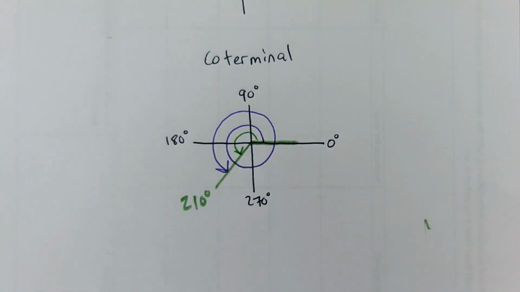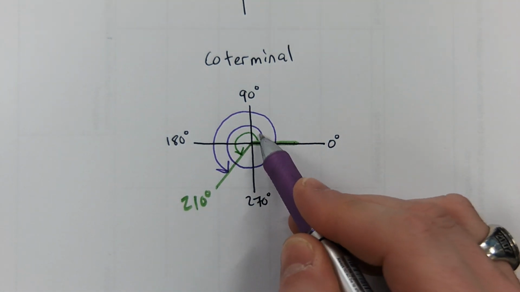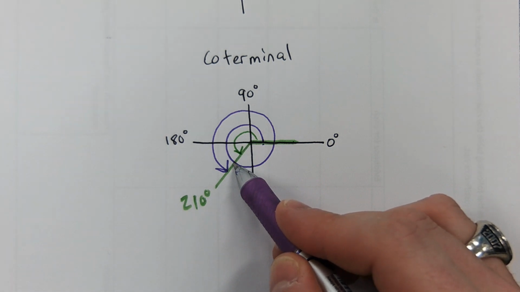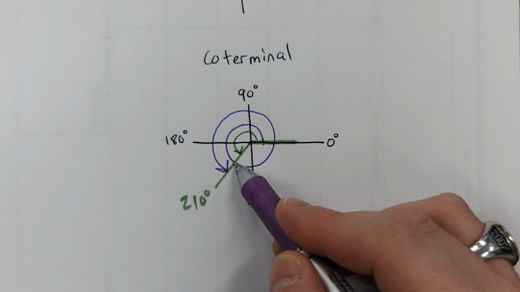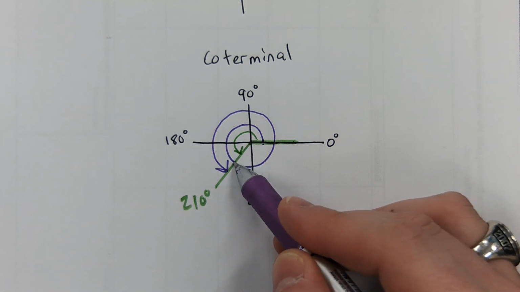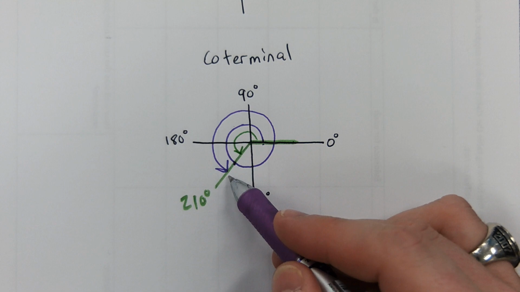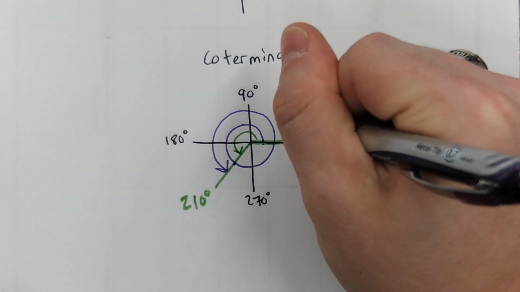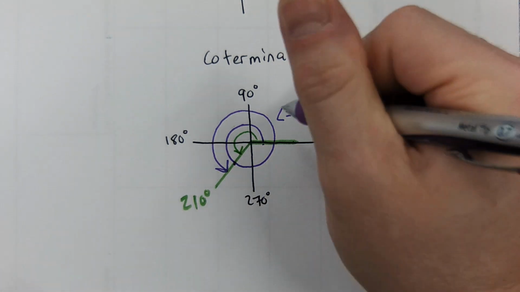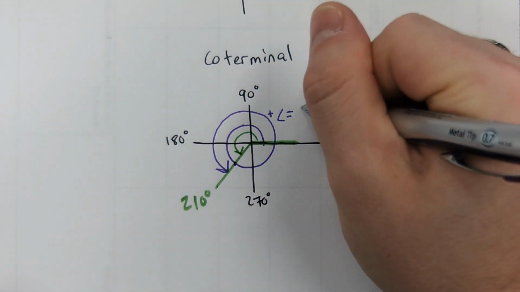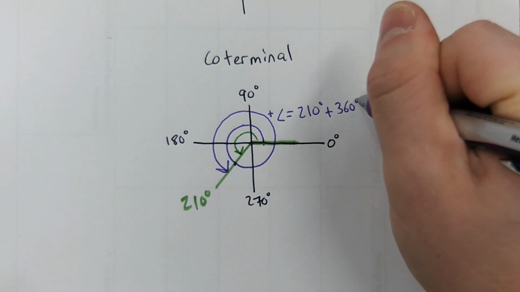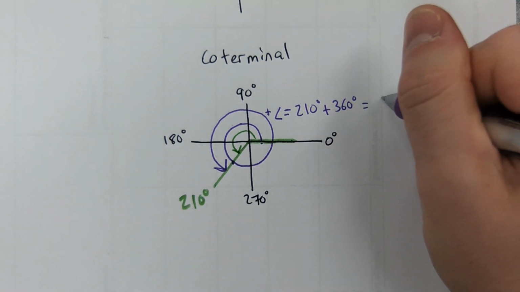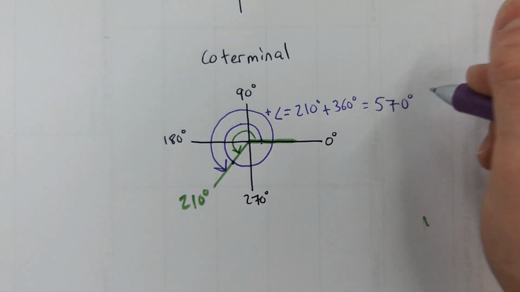Yes, it began at 0. But notice from here to here was the same as the green angle. I went a total of 210 degrees. And then, because we're nuts, we decided to go another full circle, which gives us this positive angle: the original 210 degrees and another 360 degrees, which is 570 degrees.